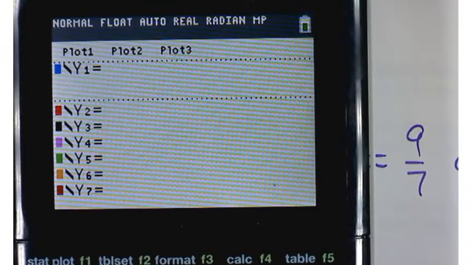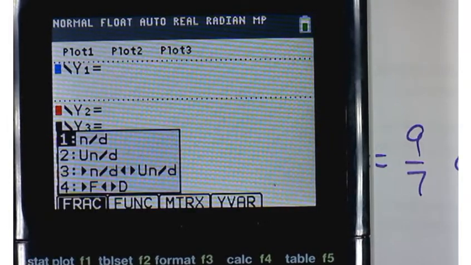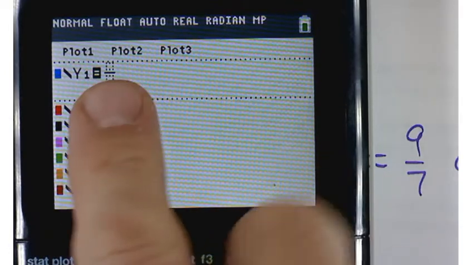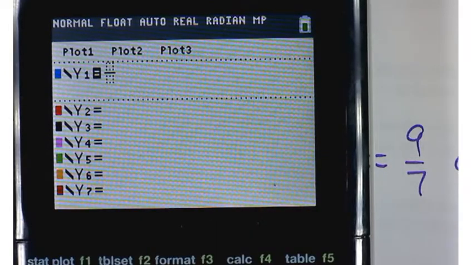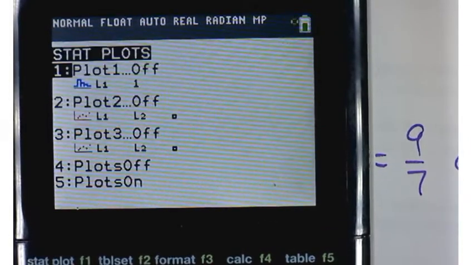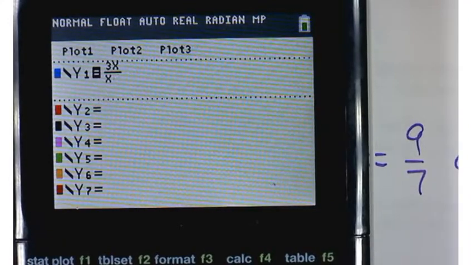You're going to hit the alpha key, then the y equals key again, and that gives you this menu. When you do that, it gives you a regular fraction, a numerator and denominator. So you can type in 3x over x plus 4.